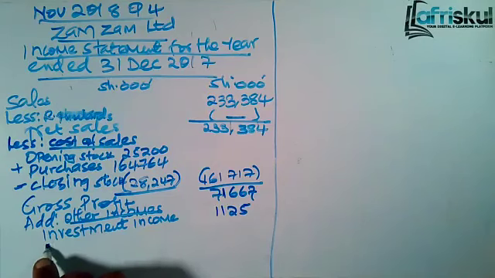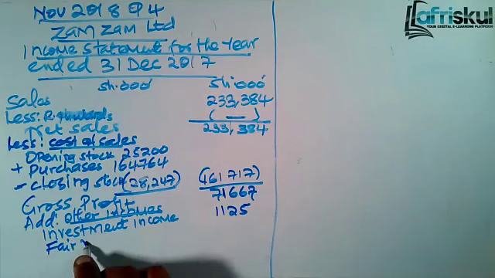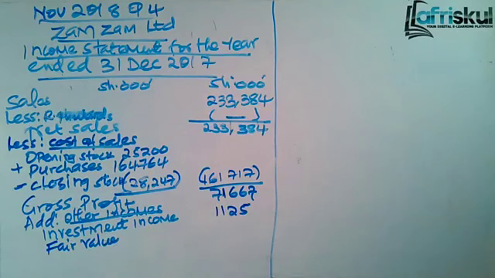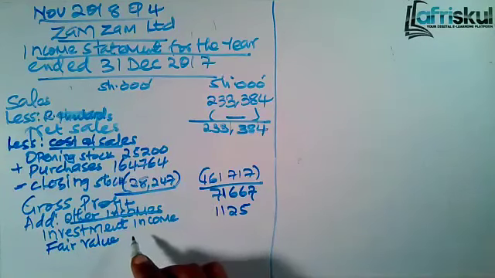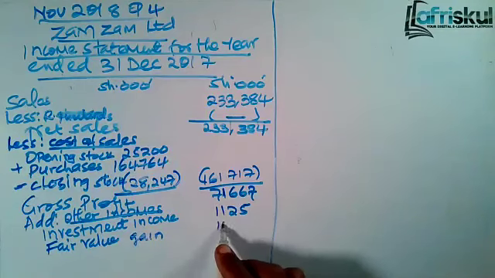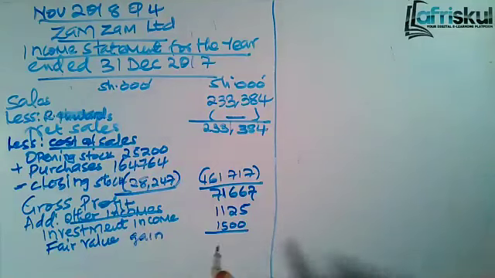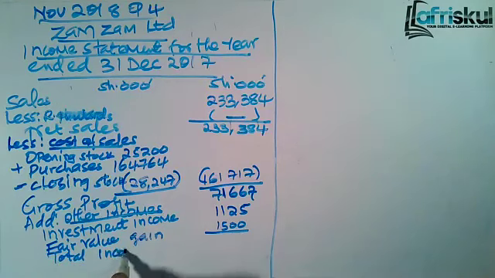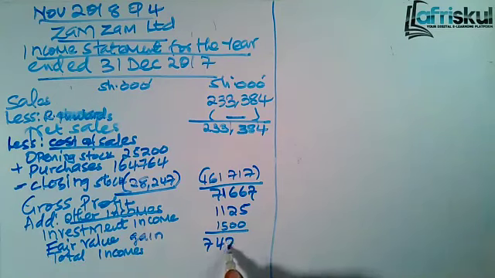Now again, we'll also have the fair value gain, the one we got from additional information number 2, which was an amount of 1,500. And from there, you can get the total incomes, which after taking my calculator is 17,292.